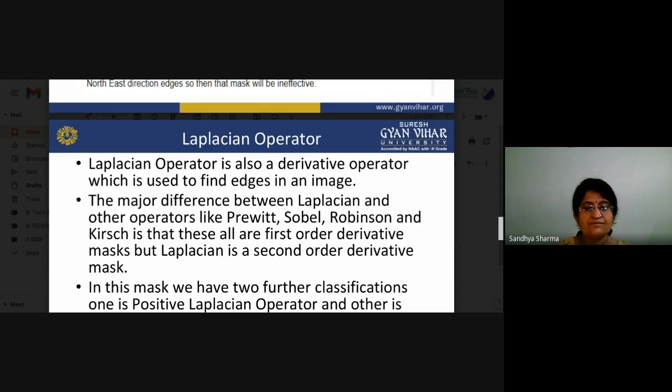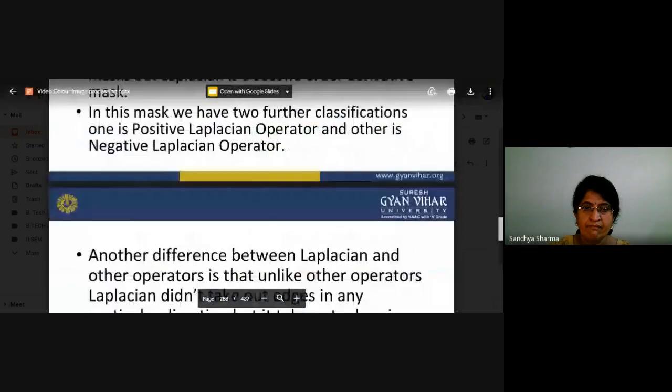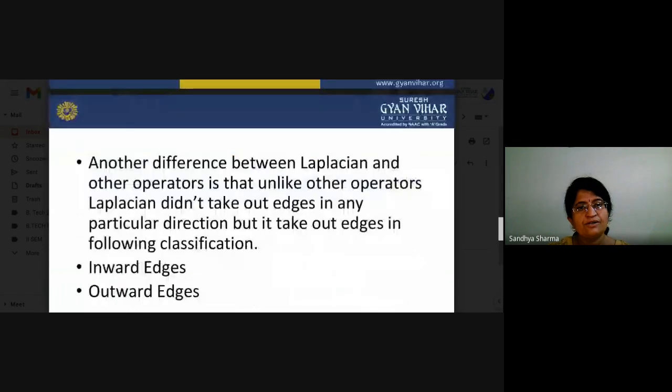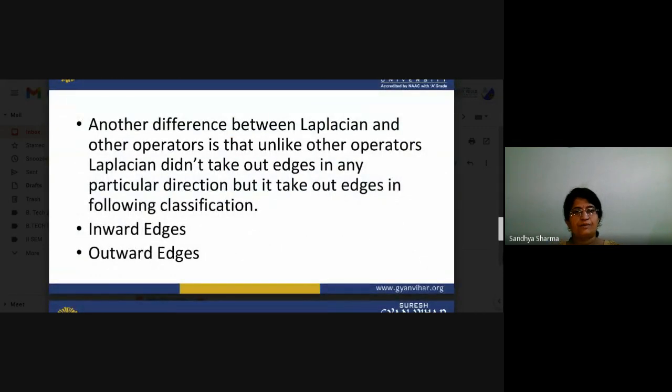In this we have two different classifications. The first one is the positive Laplacian operator, and the other one is the negative Laplacian operator. Another difference is that, unlike other operators, Laplacian doesn't take out edges in any particular direction, but takes all edges in the following classifications: inward edges and outward edges.